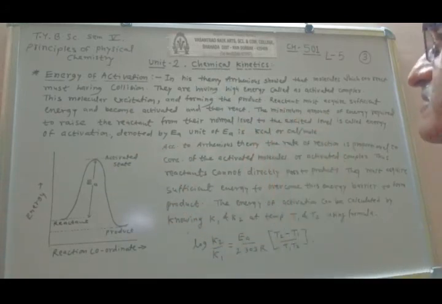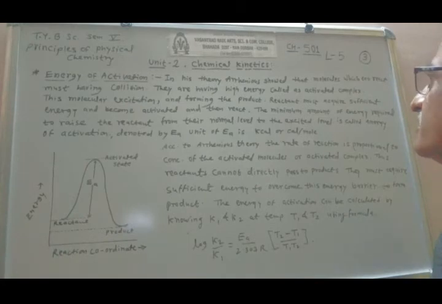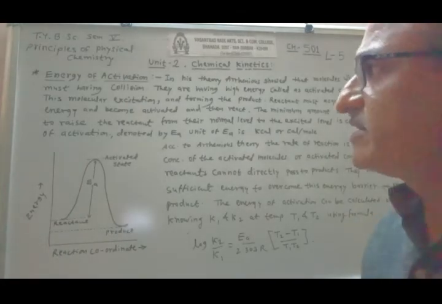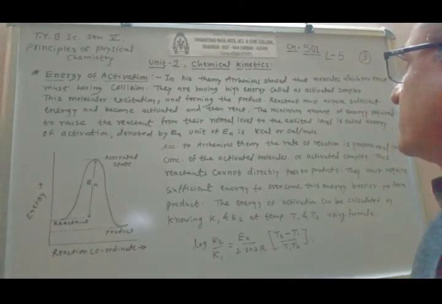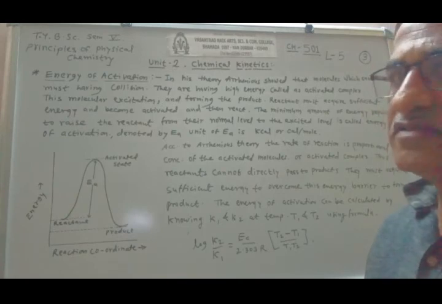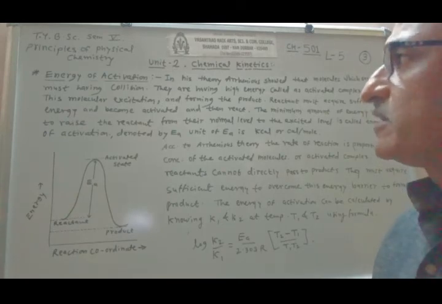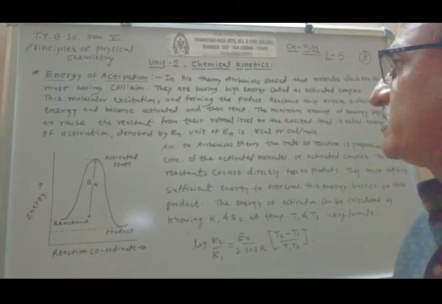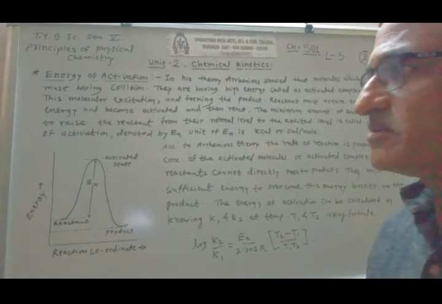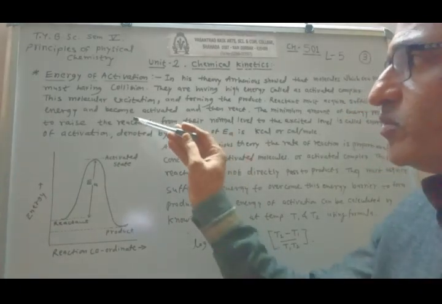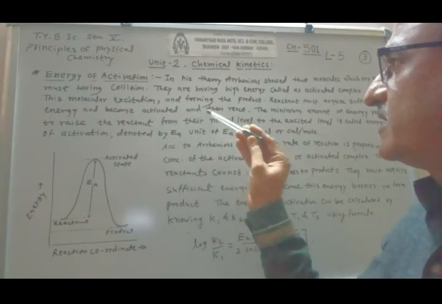Now in this theory, Arrhenius showed that molecules which can react must have collisions. They are having high energy, called the activated complex. To form the product, reactants must acquire sufficient energy to become activated and then react.